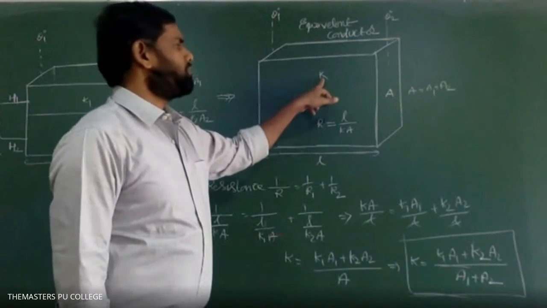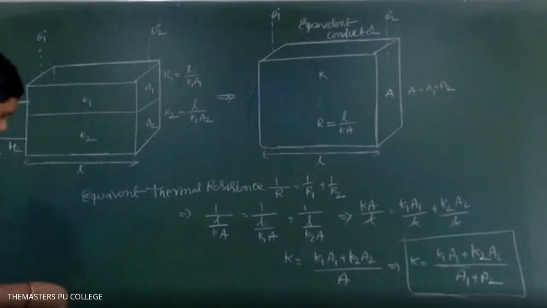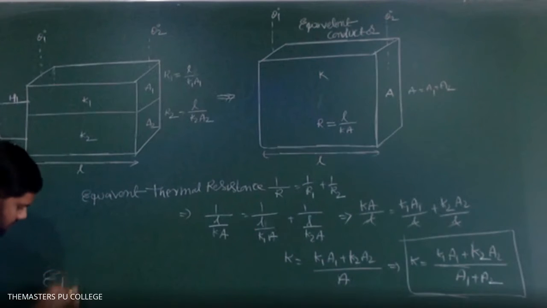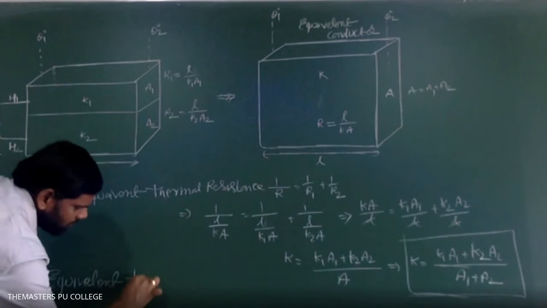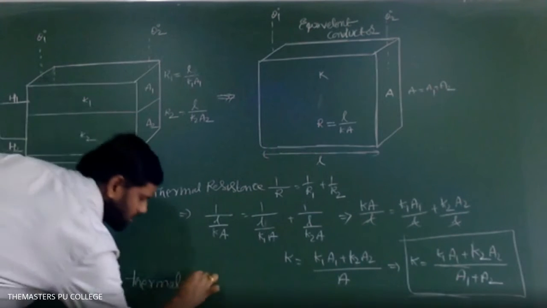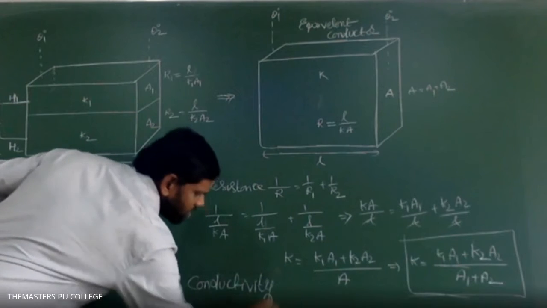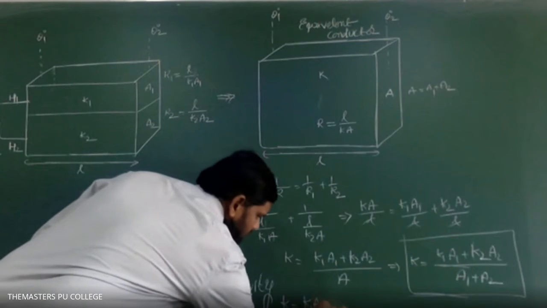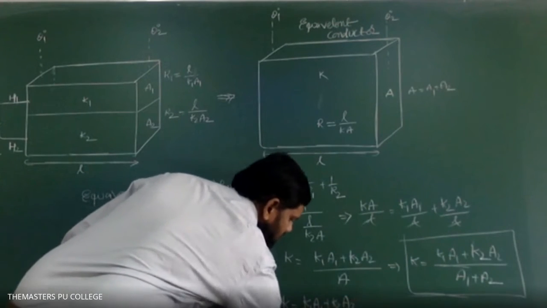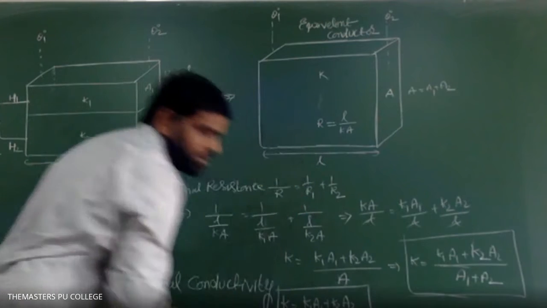So K is the equivalent thermal conductivity and R is the equivalent thermal resistance. Equivalent thermal conductivity.